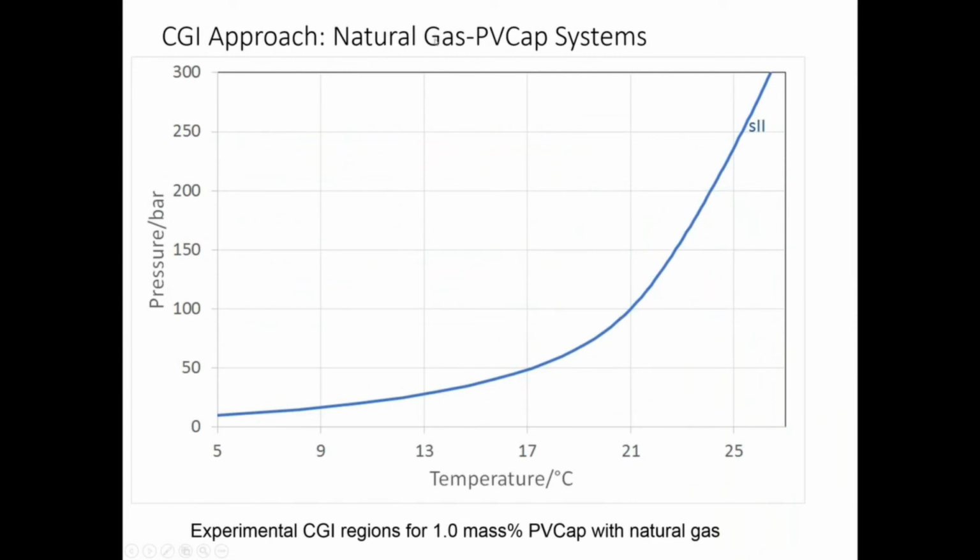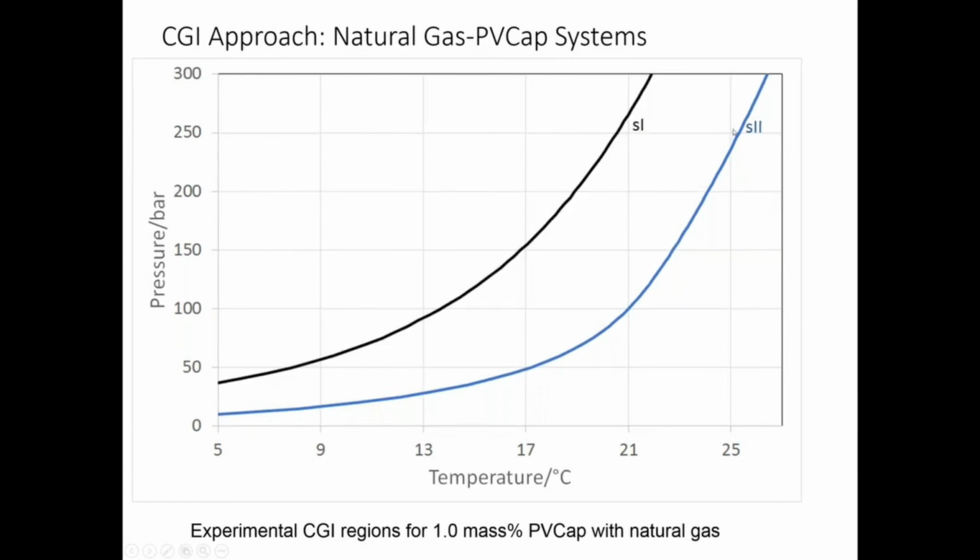Here, for this natural gas, which was 85% methane and 5% ethane and propane and the rest, we have structure 2 stable. And then structure 1, PVCap, we know that PVCap prevents structure 2.